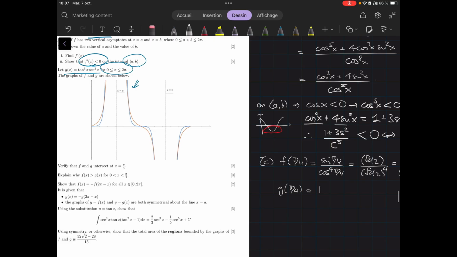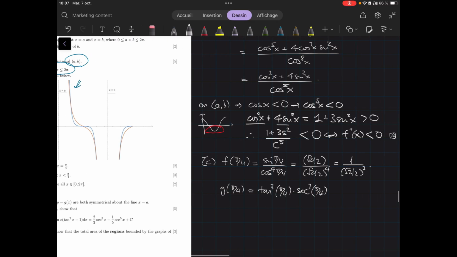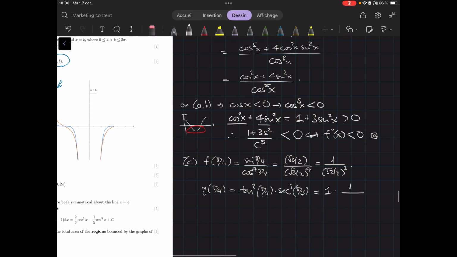G of pi by 4. This is tan cubed of pi by 4 times secant cubed at pi by 4. Tan cubed at pi by 4, this will be equal to 1. Secant cubed at pi by 4, this is 1 divided by cos of pi by 4 cubed.